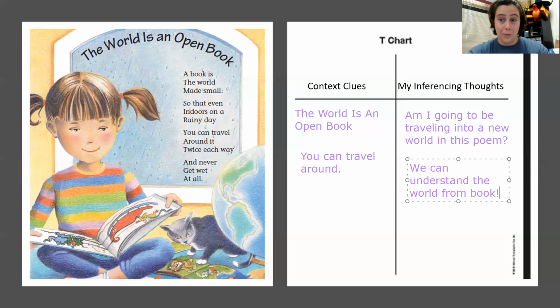So now, with your teacher, what is the author's purpose for this poem? What do you think? Is it to persuade, to inform, or to entertain? So why don't you have that conversation with your teacher or with your classmates in Schoology?